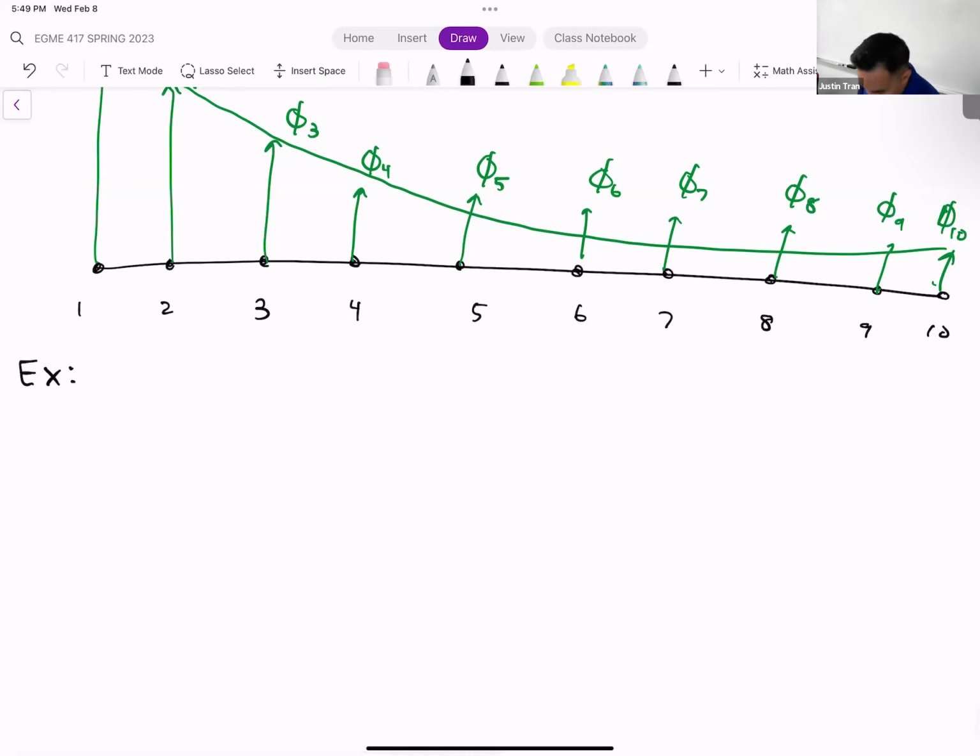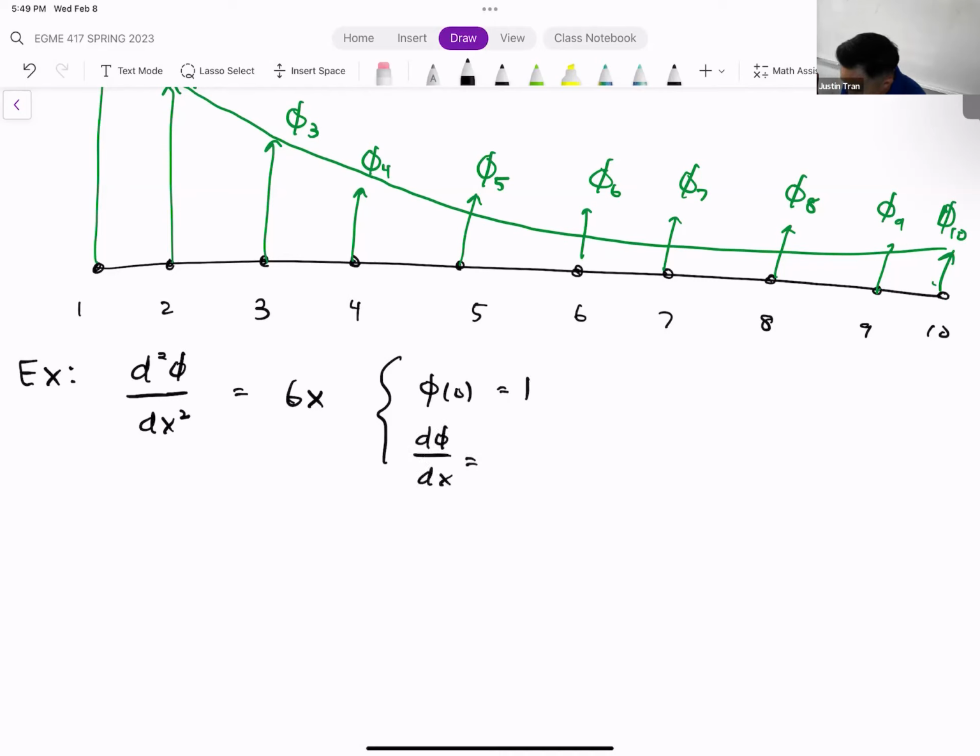All right, so for this example, let's do the same problem. We have d squared phi dx squared is equal to 6x. That was the equation that we solved exactly last time. And we have the boundary conditions: phi of 0 is equal to 1, and d phi dx at x equals 1 is equal to 0.